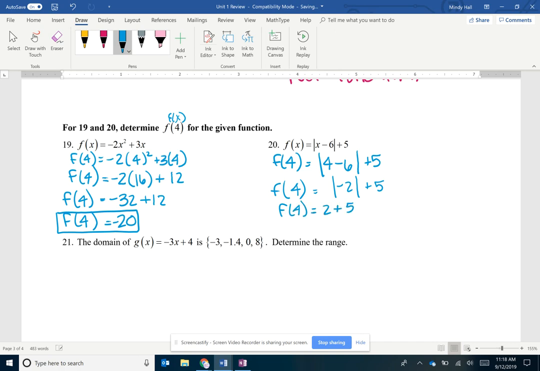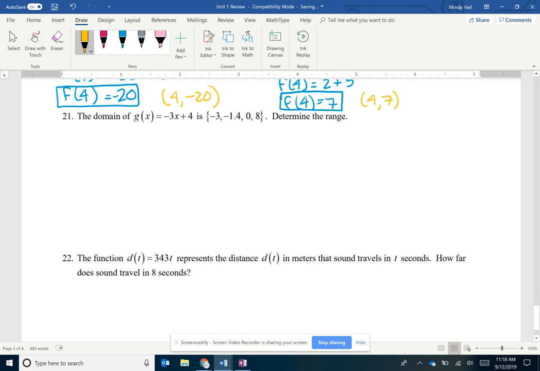And then +2 plus 5 is 7. Now, although we have not explicitly said it, with function notation you can actually write your ordered pair for that point. So because I plugged in 4, my x value is 4, and -20 would be the y value. And over here, I'd have 4, and 7 would be the y value. So you can see how much different these graphs are to each other.